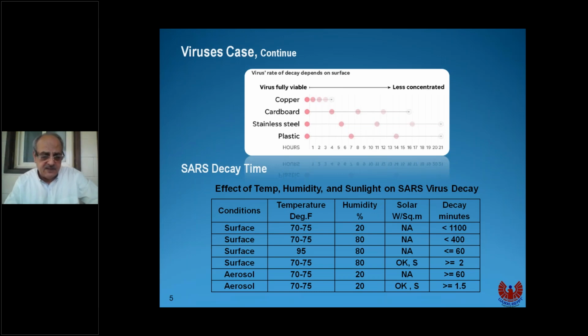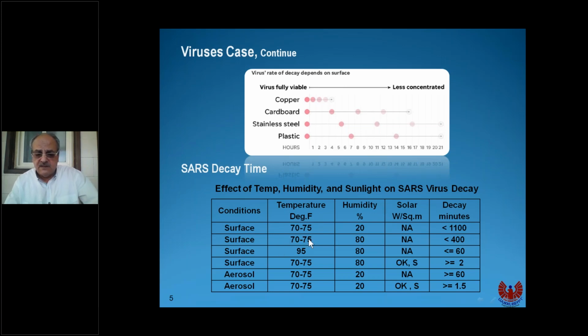We can say here that under normal conditions, from 70 to 75 degrees Fahrenheit, about 20 to 24 degrees Celsius, with a relative humidity of 20% and without the effect of daylighting or solar, the decay in minutes will be 1,100. That is about 15 or 16 hours, something like that, less than this.